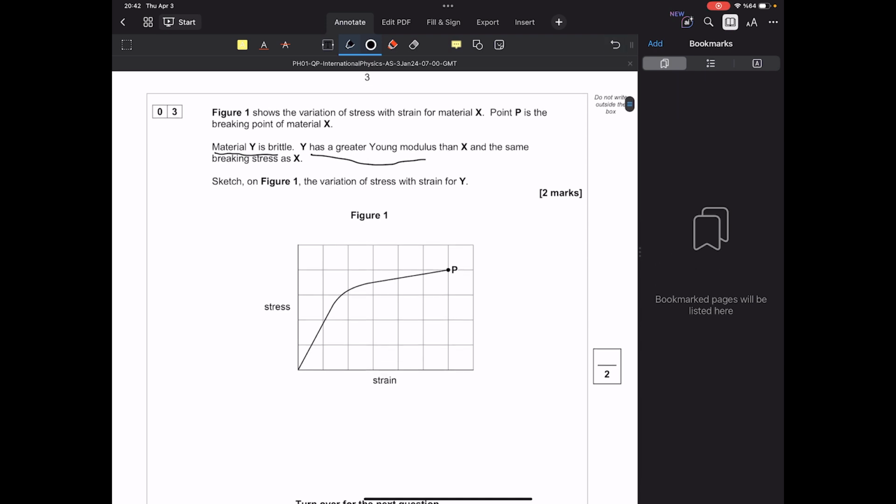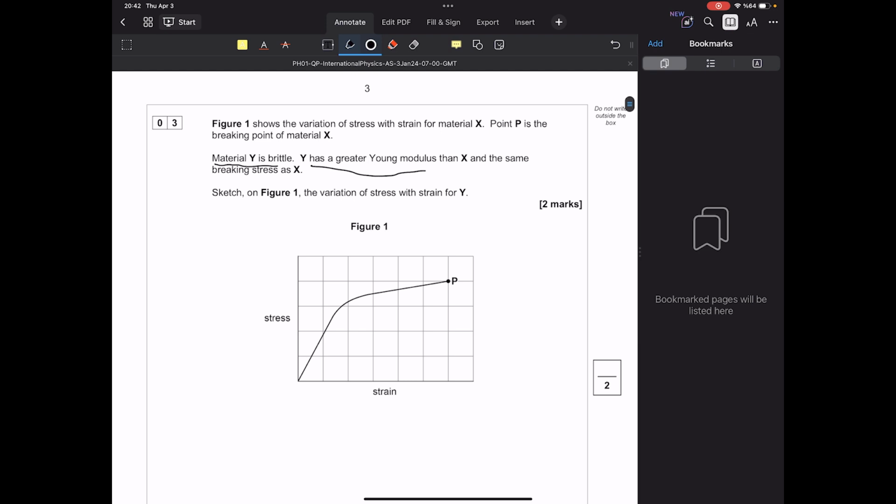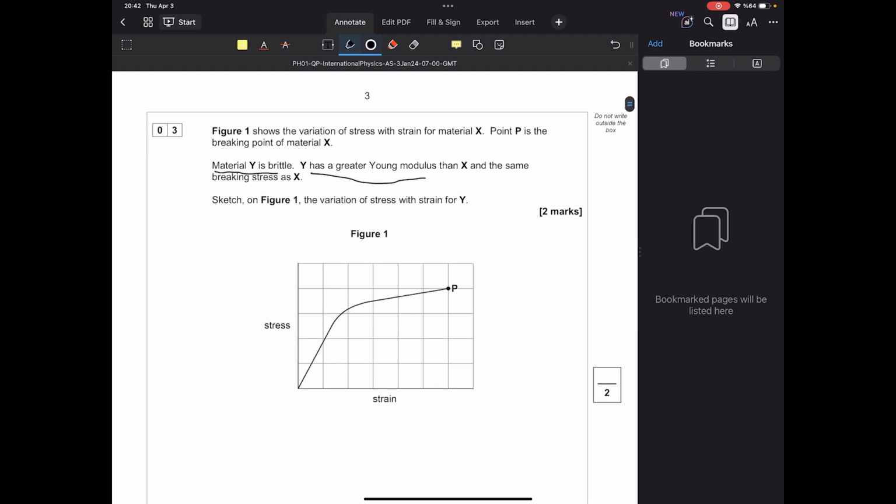A brittle material cannot extend much before it breaks. It barely extends beyond the elastic limit before it breaks. So its graph is usually just linear, and then maybe a little bit at the end before it breaks.